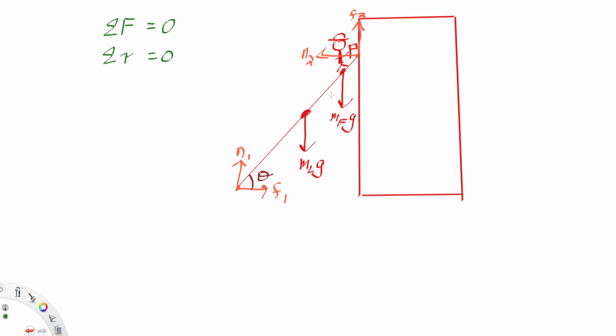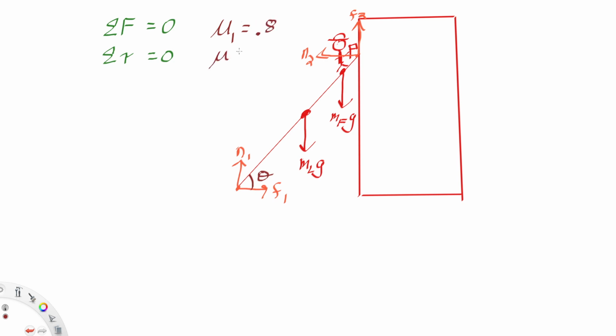So let's start with, let's say that this ladder has been well engineered, so we have a pretty good idea of what the coefficients of friction are. So the coefficient of friction between the ladder and the ground, the rough asphalt, is like 0.8.